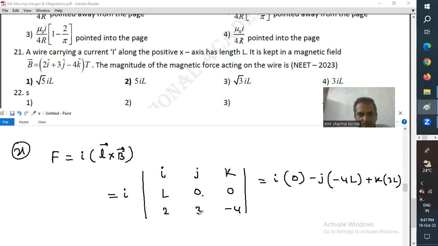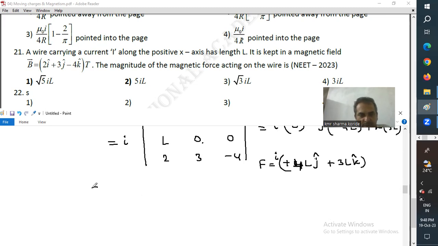So therefore, F is equal to minus J and minus 4L. So altogether, this is 4L j cap along with I, plus 3L k cap. So this is in vector notation.